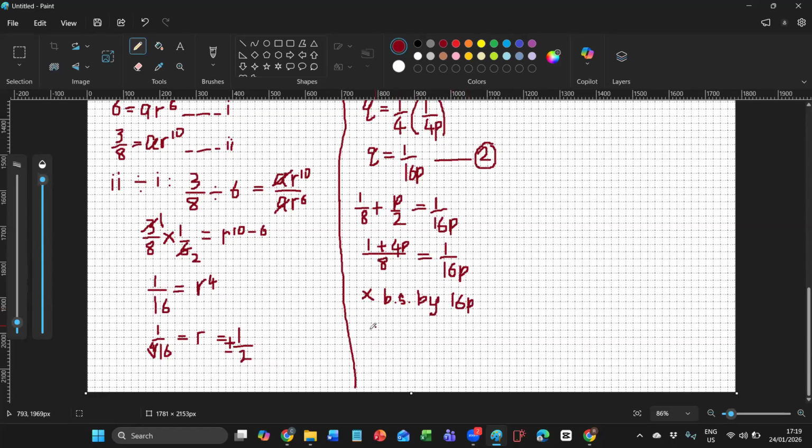Okay, so there we go. Multiply both sides by 16p. So we're going to have 16p, and then I'm going to have 1 plus 4p.